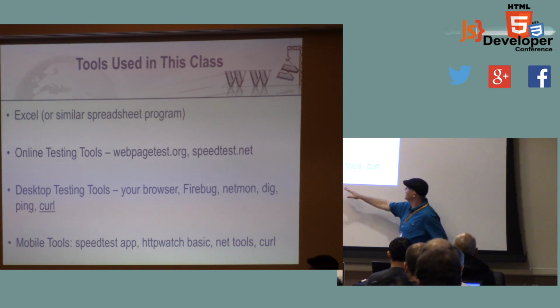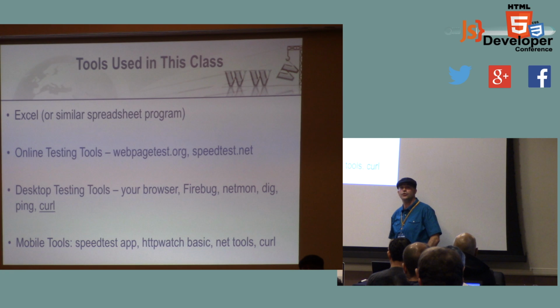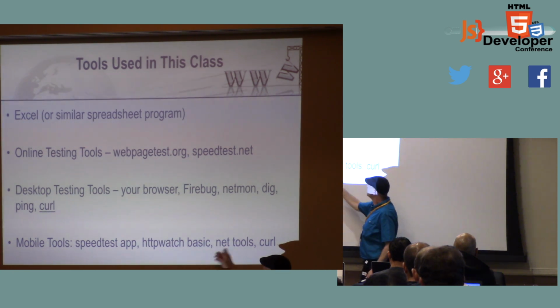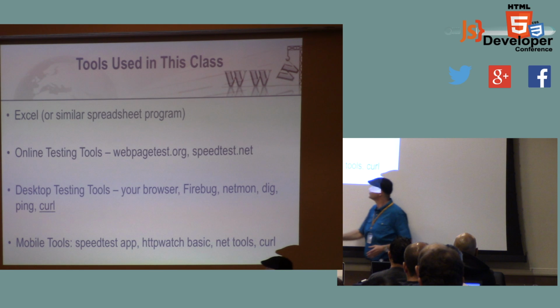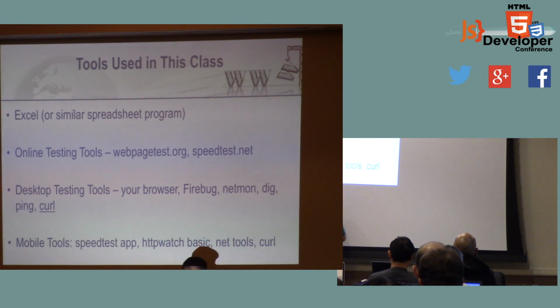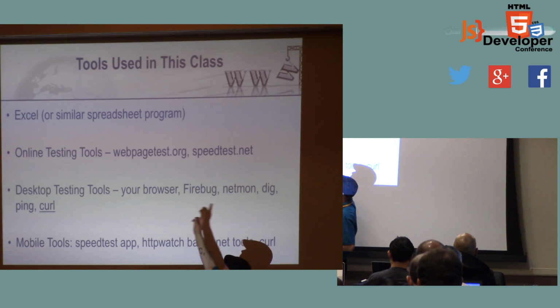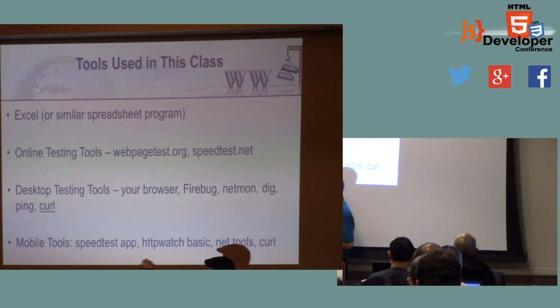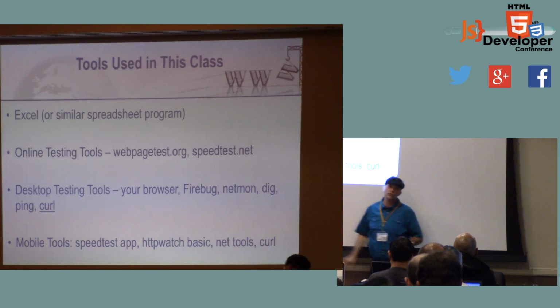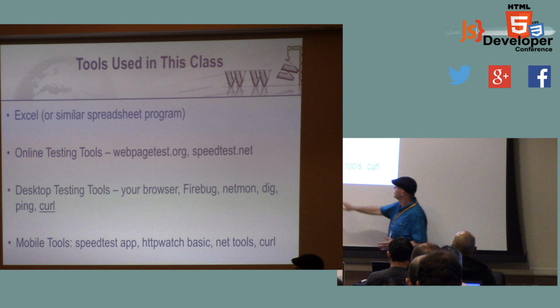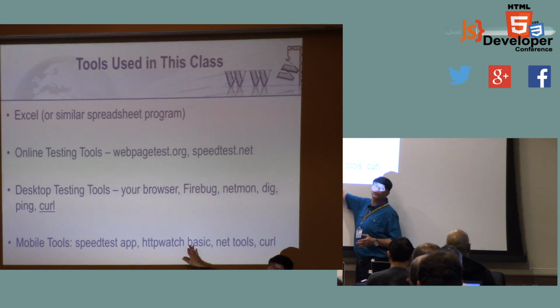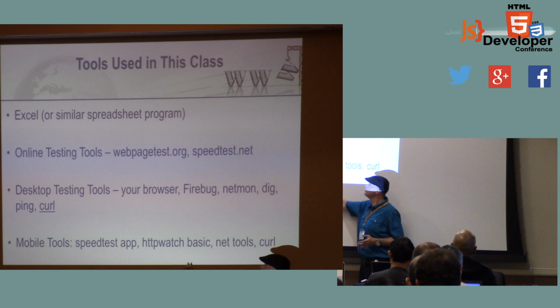And then there's some mobile tests, and I talked about those earlier. If you can, try and download some of these apps onto your smartphone. And most of them should be available for both major smartphone vendors. So Speed Test app, this is very similar to speedtest.net, made by the same people. HTTP Watch Basic, only available for the iPhone, but it's the only tool here where that's the case. This is actually the number one best tool for spot testing and diagnostics for web performance on mobile.